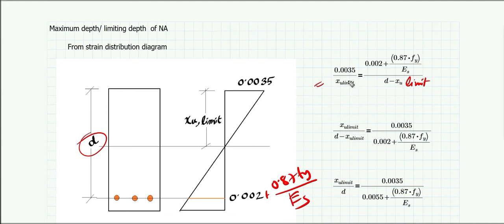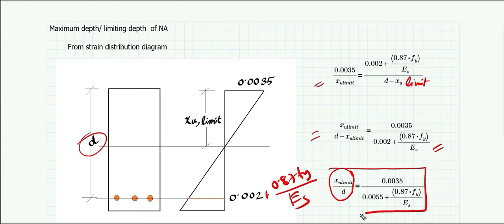We can rewrite this expression as xu limit by d minus xu limit is equal to 0.0035 by 0.002 plus 0.87 Fy by Es. Again, from this we can rewrite xu limit by d as 0.0035 by 0.0055 plus 0.87 Fy by Es.